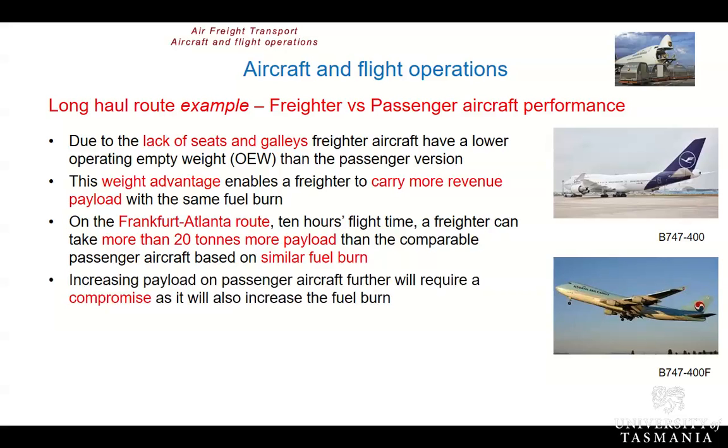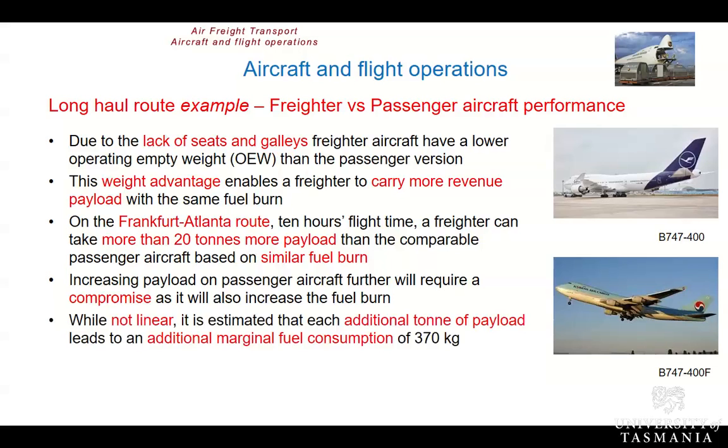Now, if the passenger aircraft wants to increase its payload, we know it can only do so if it takes on more fuel. And if it takes on more fuel, it's likely to increase the fuel consumption, which is also going to make it an expensive exercise.